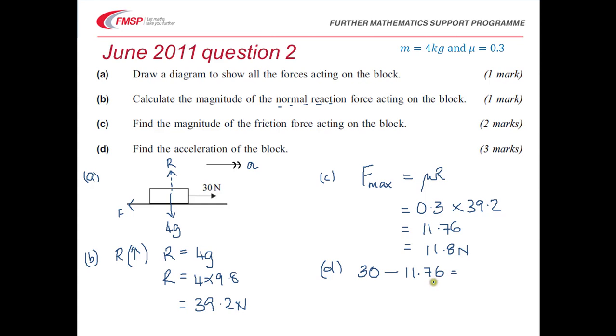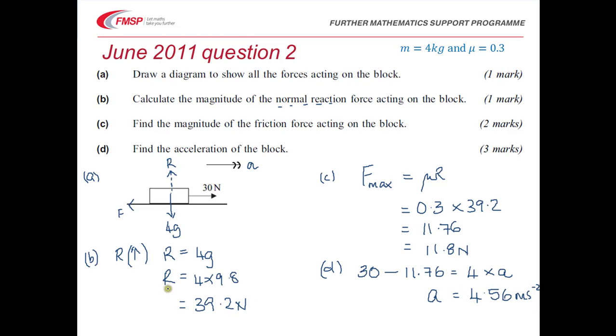We're going to be using F equals ma, where F, the resultant force, is equal to m, the mass, which is 4, times a, the acceleration. So we can rearrange that to find the acceleration, and it works out to be 4.56 meters per second squared.